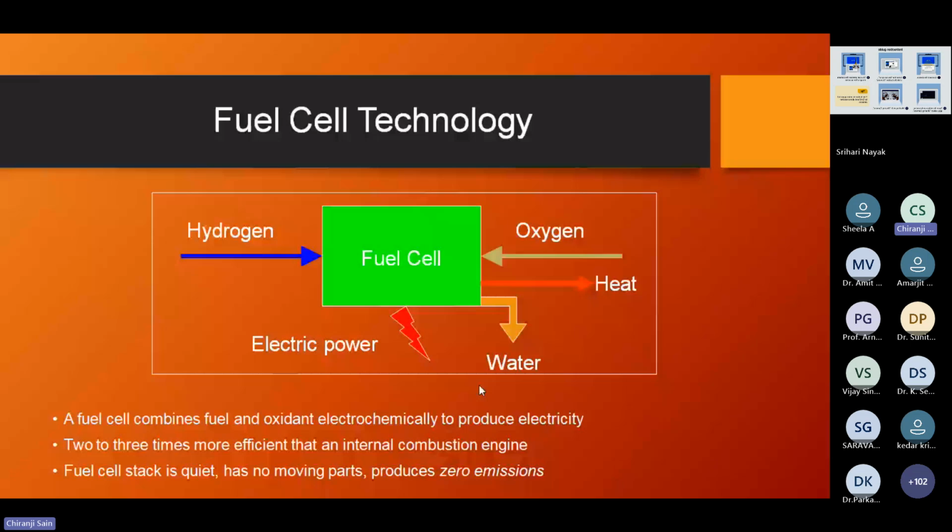Hence, we could conclude that zero emissions, and environmental pollution in terms of greenhouse gases, are significantly reduced in fuel cell technology as compared to battery or plug-in hybrid electric vehicles.